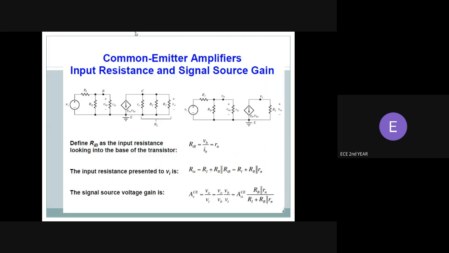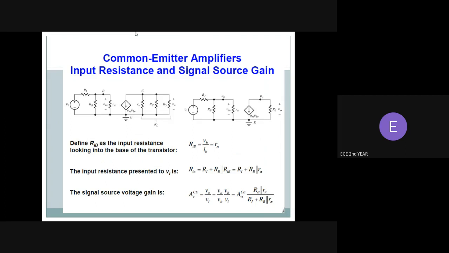So here we can see the common emitter amplifier input resistance. Input resistance also plays an important role in the amplification process and the signal source gain. So analyzing the input resistance is also a very important parameter. Define RAB as the input resistance looking into the base of the transistor.